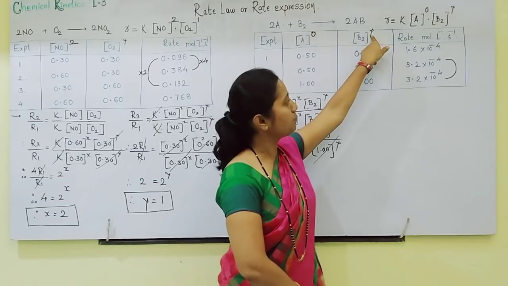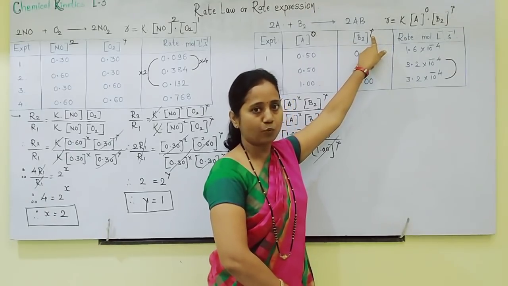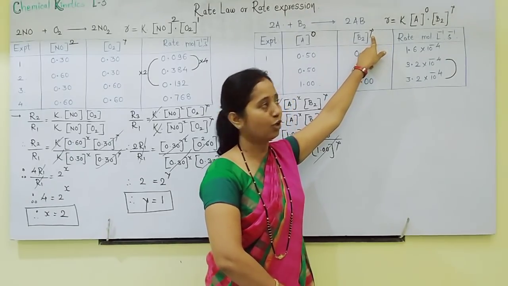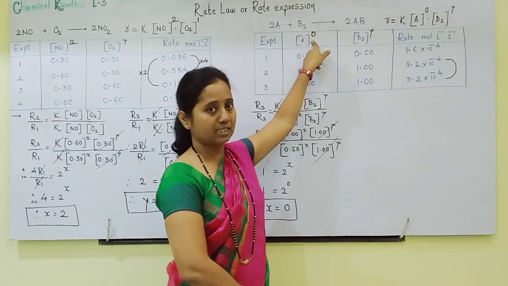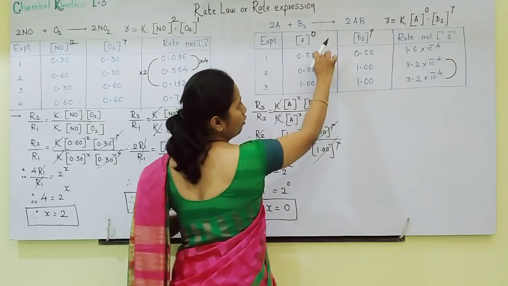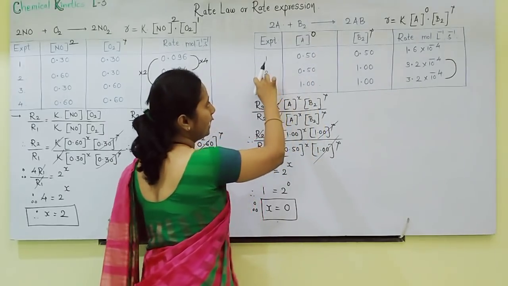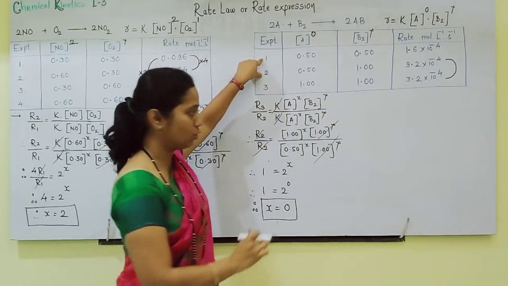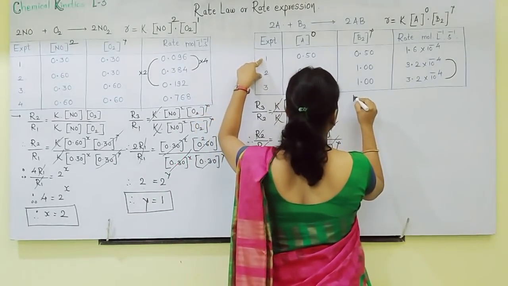To find the exponent of B2, that is y, we should keep the concentration of A constant. So which experiment should I see? A is constant here, so I will compare experiment 1 and experiment 2.